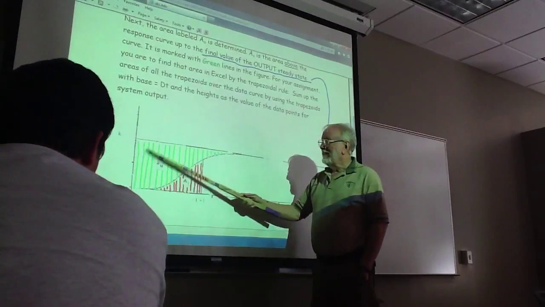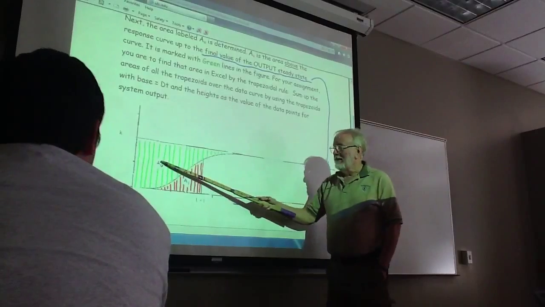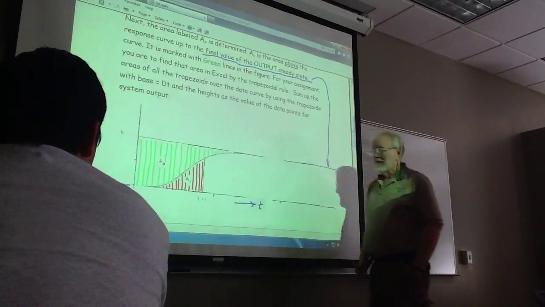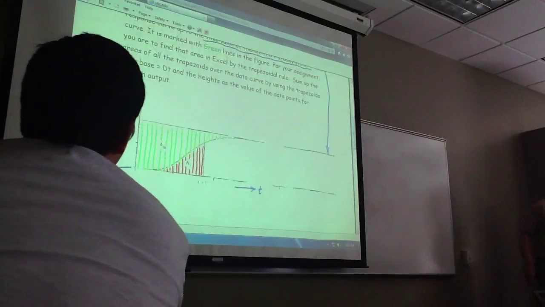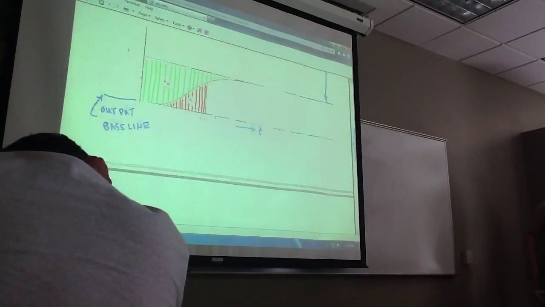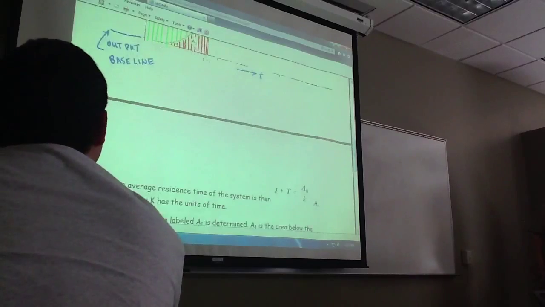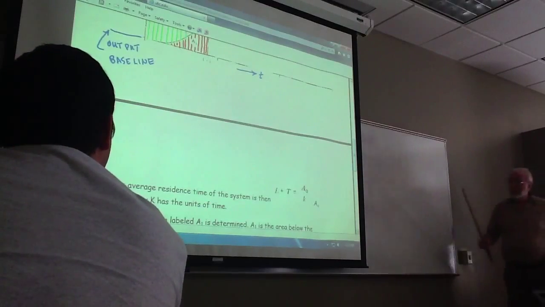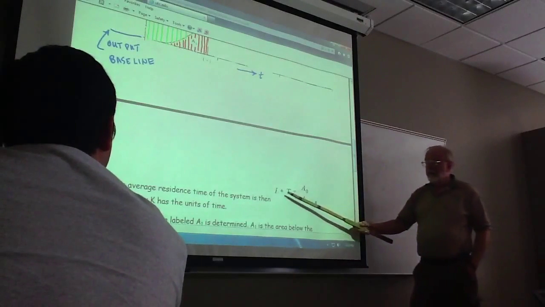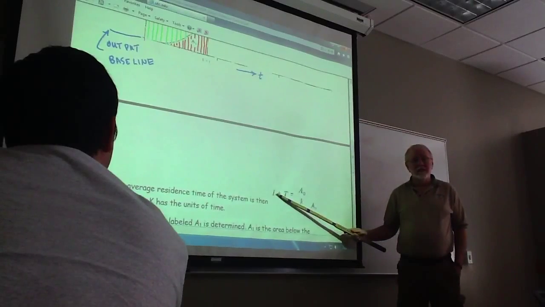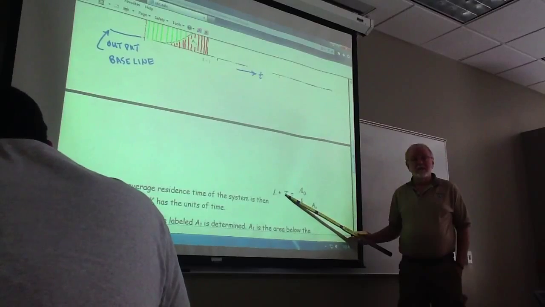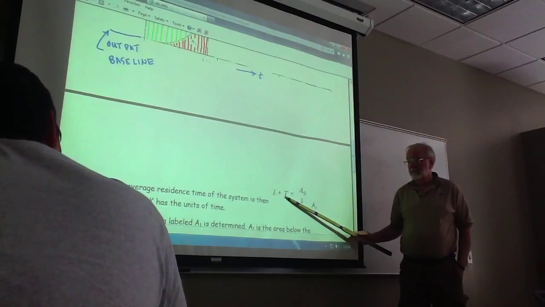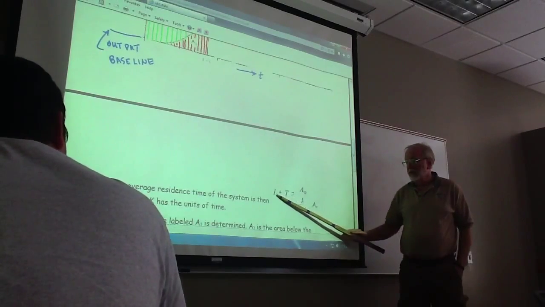So calculate that area, call it A0. Then L is what we call dead time. T is what we call time constant. Just different letters.